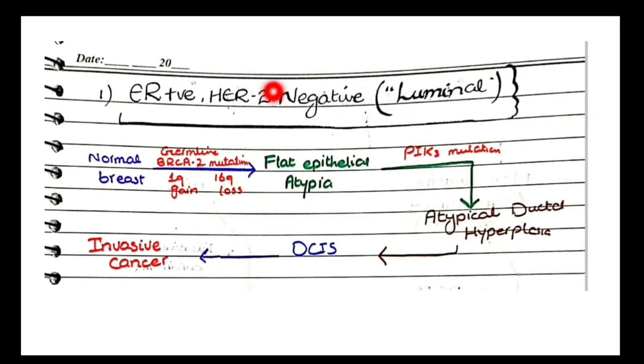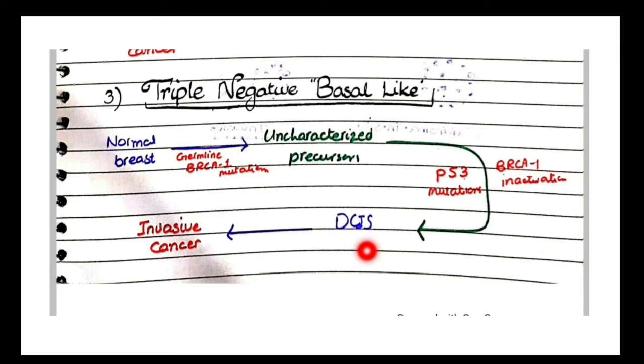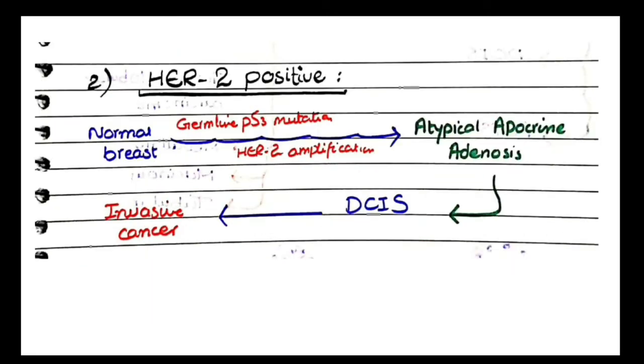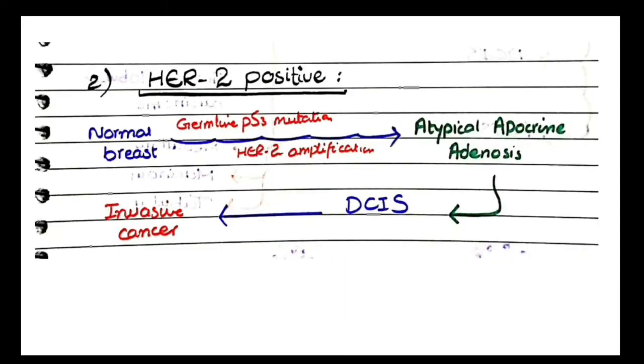So let's start with ER positive, HER2 negative tumors, which are called luminal tumors. First see this: each of the invasive carcinoma types is preceded by a precursor lesion, ductal carcinoma in situ. It is true for ER positive tumors, for HER2 positive tumors, and also for triple negative tumors. But the initial precursor lesions are slightly different for each of these.